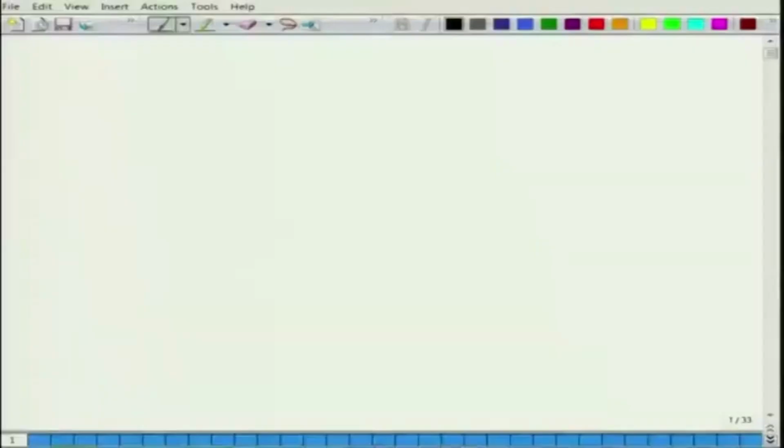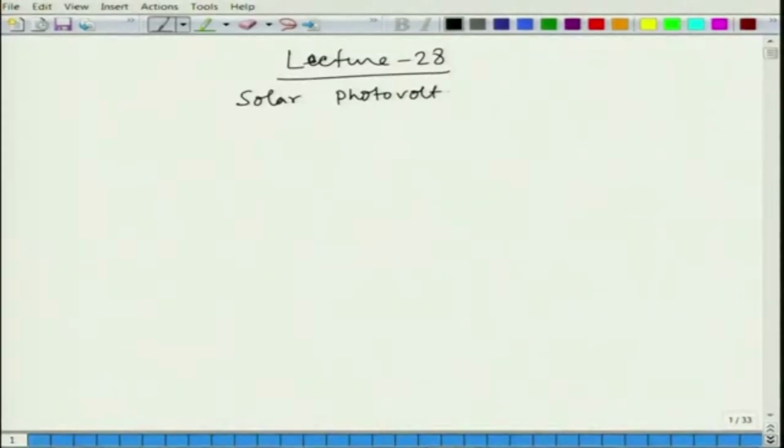So, here we are at lecture 28 and we are going to start solar photovoltaics.